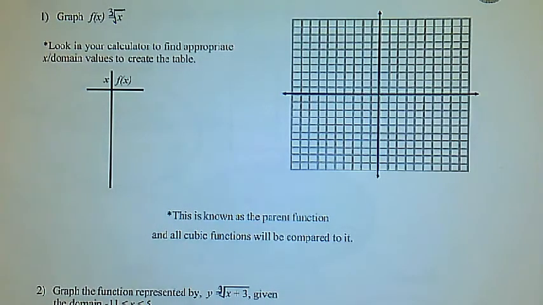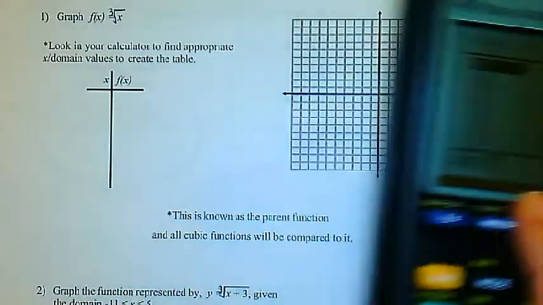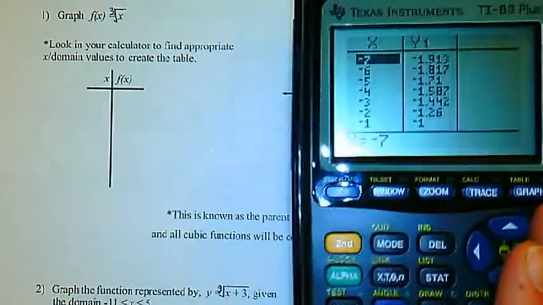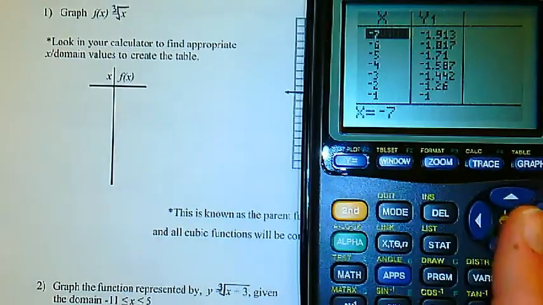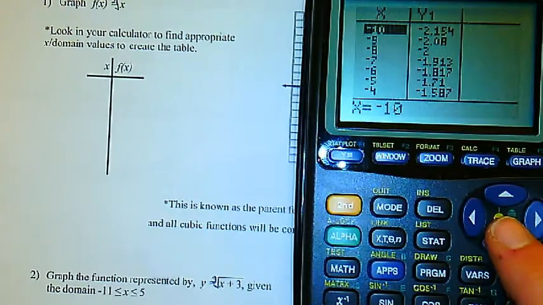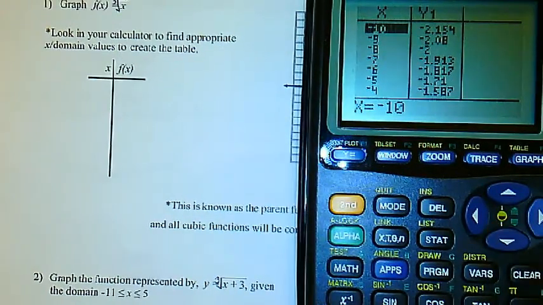For question number 1, we're just going to plot that parent function. I do see that it goes in both directions. Again, I'm going to make my table. I'm going to go from negative 10 to 10, because that's how far my graph goes. I'm going to start at negative 8, and only pick the whole numbers.